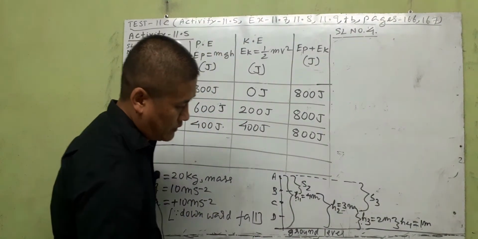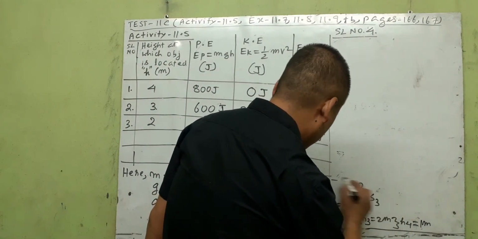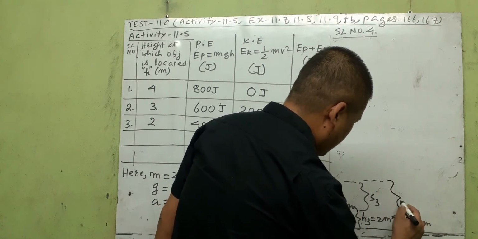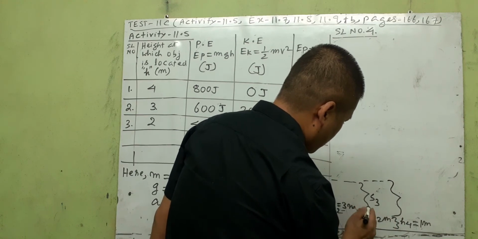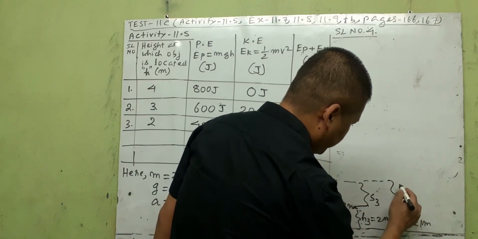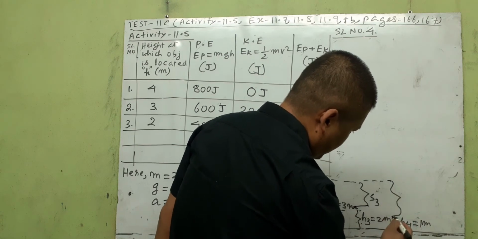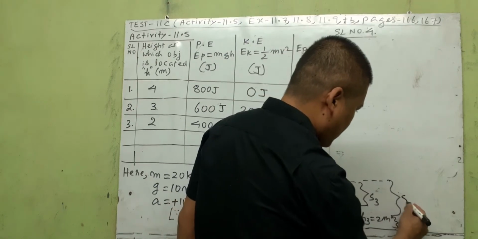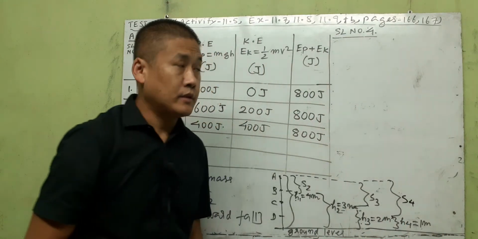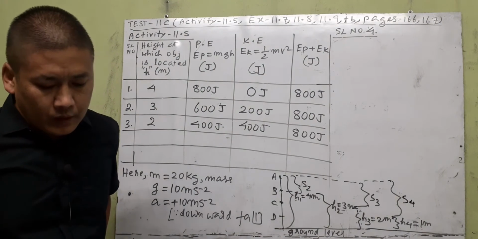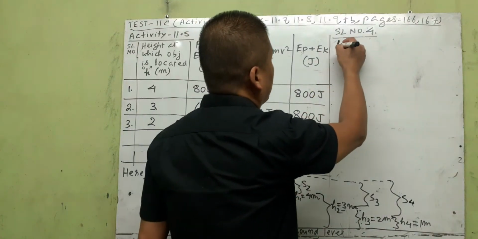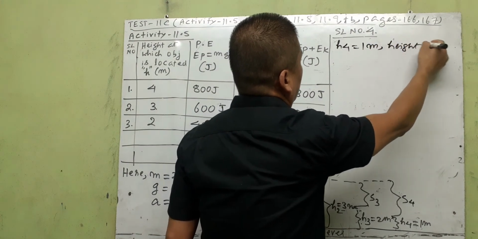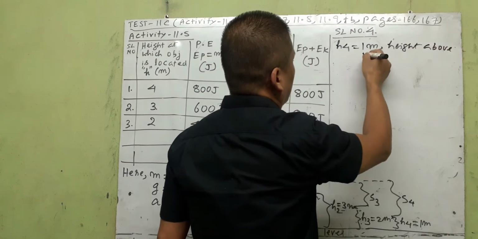So when it is 1 meter above ground, the distance traveled is from here, the top, to here, which is S4. From here to here traveled, from here to here dropped. Just 1 meter above ground means it has traveled from here to here, which is S4. So here H4, the height above ground, in this case is clearly 1 meter, the height of the object above the ground.